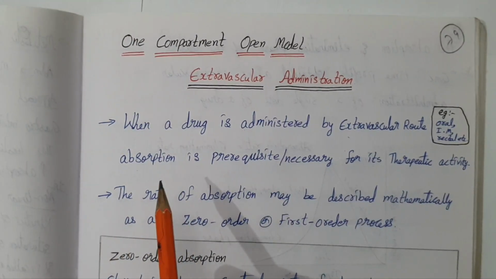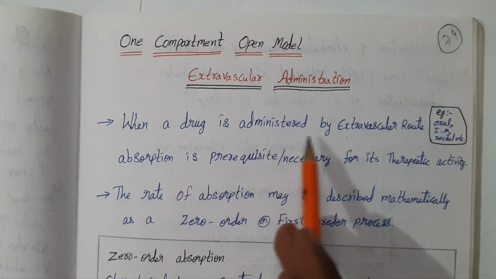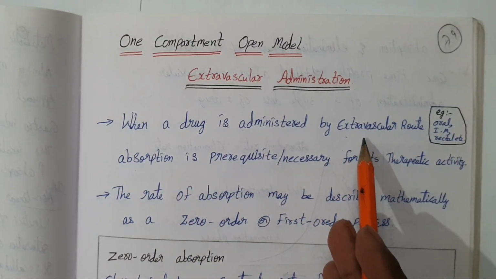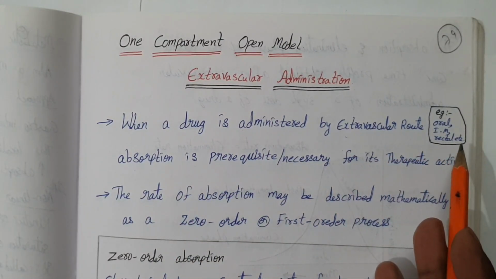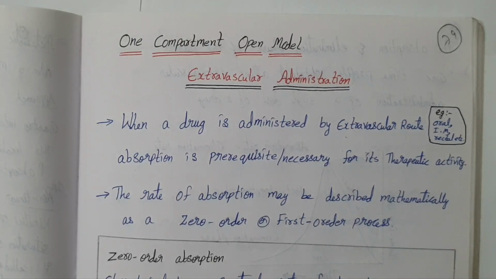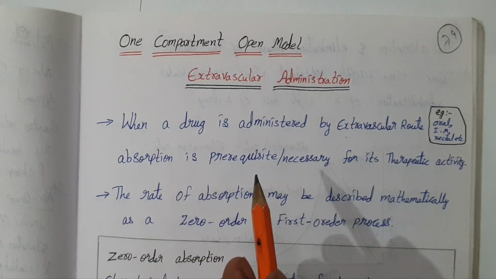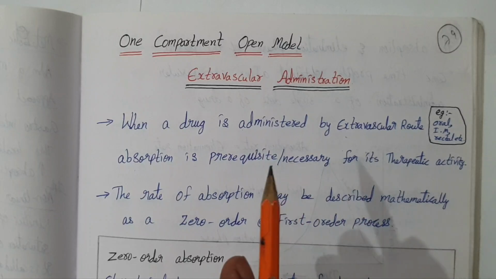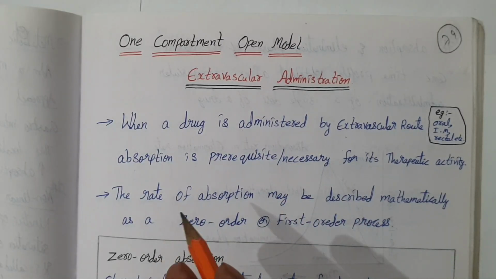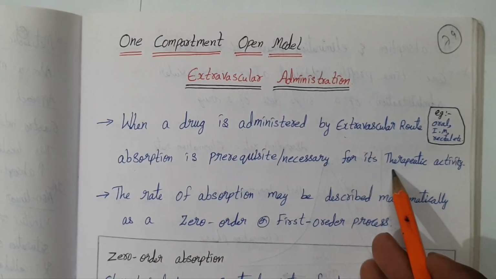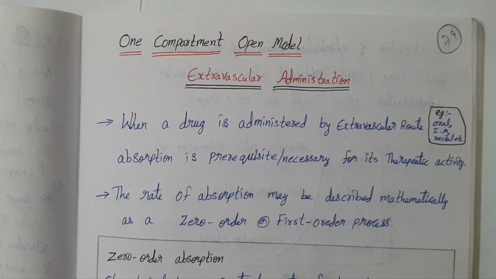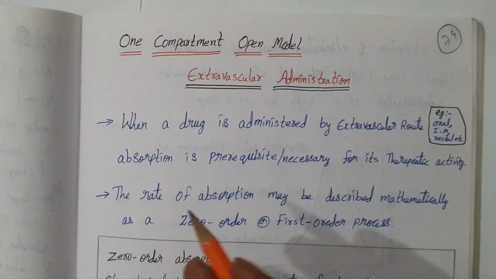First things first, when a drug is given by an extravascular route like oral, subcutaneous, intramuscular, absorption becomes a must before the drug can reach systemic circulation and show its therapeutic effect or activity. So basically, before a drug can work, it needs to be absorbed into the bloodstream.